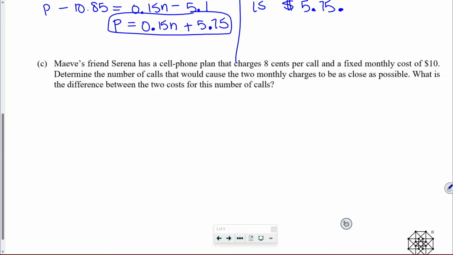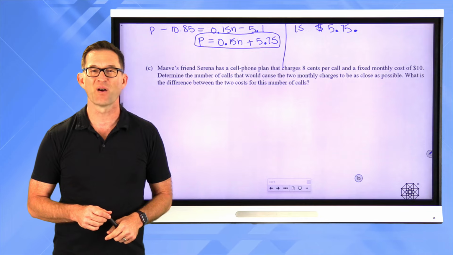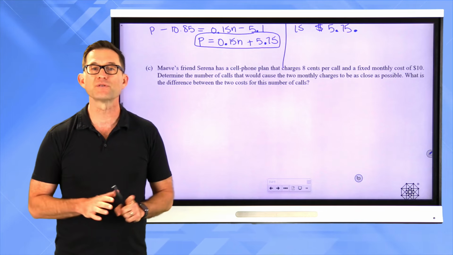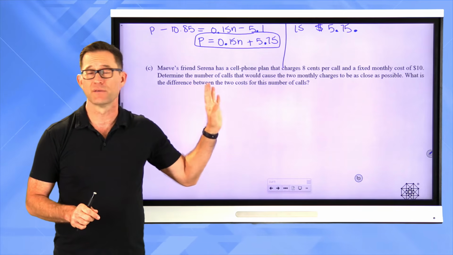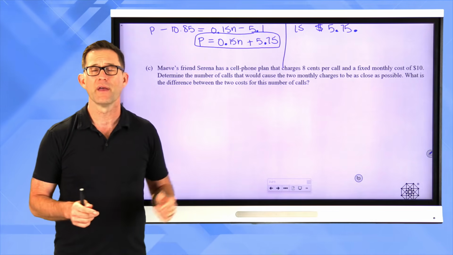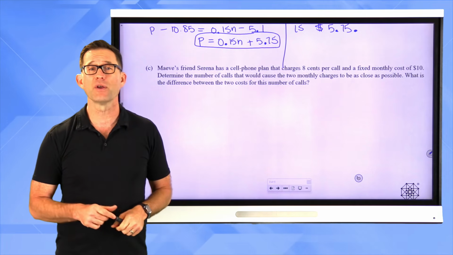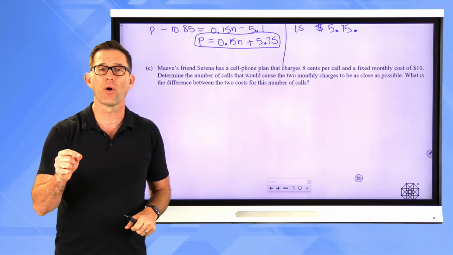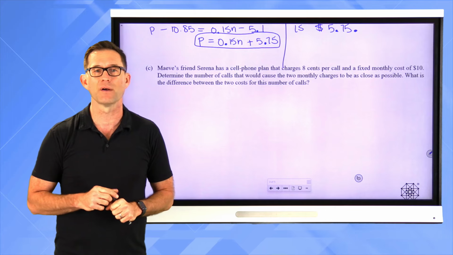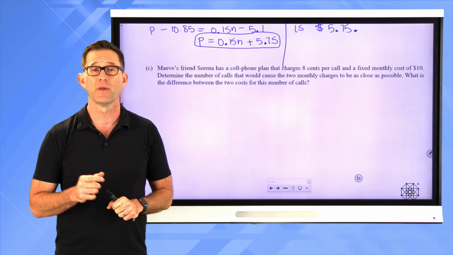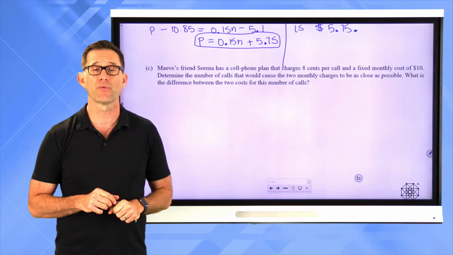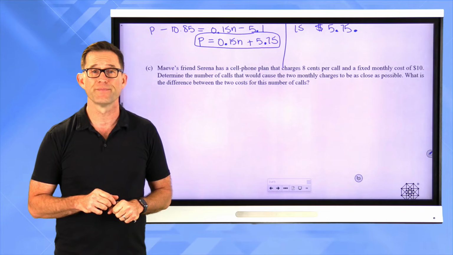What is the difference between the two costs for this number of calls? All right, well, see if you can first model Serena's call structure, and then see if you can set up an equation and solve it to find the number of calls that makes their two monthly costs as close as possible. Pause the video now and see if you can get through letter C on your own.